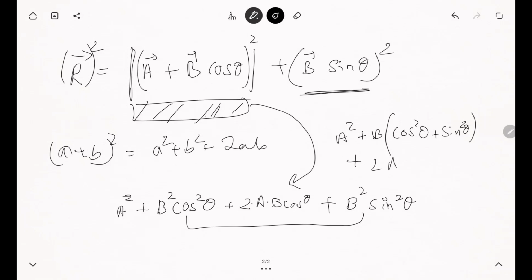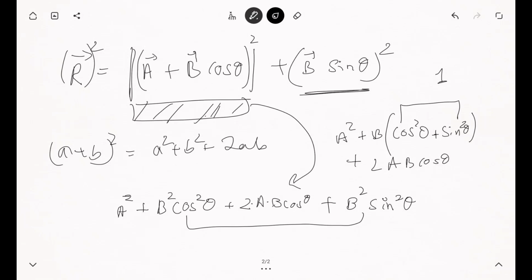plus 2ab cos theta. So now we know that cos square theta plus sine square theta is equal to 1. I can derive that, but right now we'll just get away with it. I can make another video if you comment to derive this. So fine.